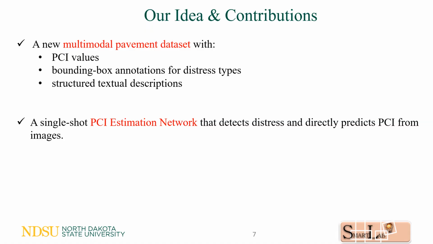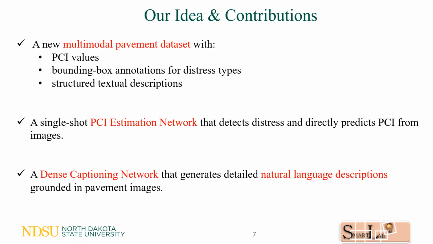Secondly, we developed a single-shot PCI estimation network that detects distresses and directly predicts the PCI just from images. The second network we developed was the dense captioning network, which generates detailed natural language descriptions grounded in pavement images.